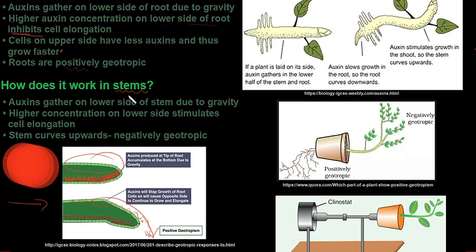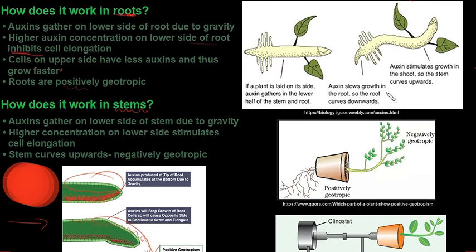Now with stems, it's a bit of a different situation. Auxins will gather on the lower side of the stem due to gravity. If we look at this diagram over here, you have the stem, and there's a big concentration of auxins over here due to gravity, and a higher concentration on the lower side will stimulate cell elongation.